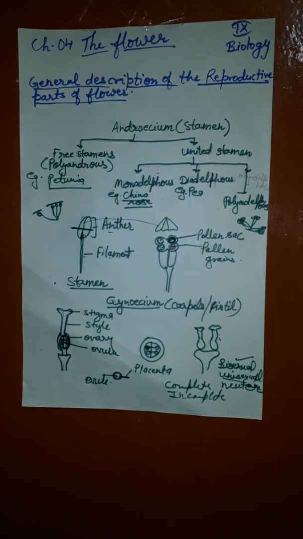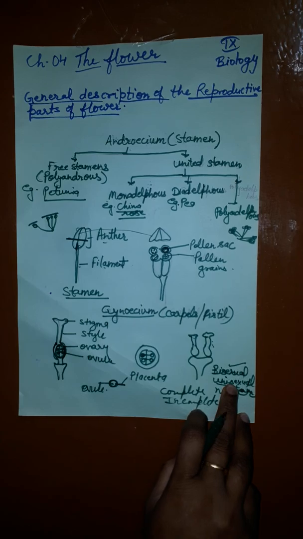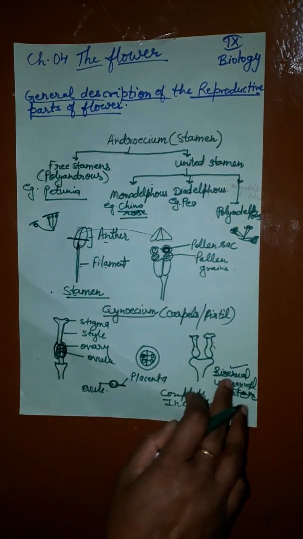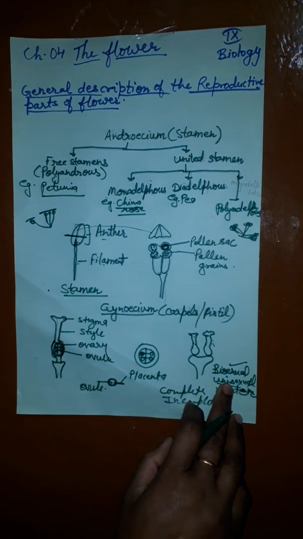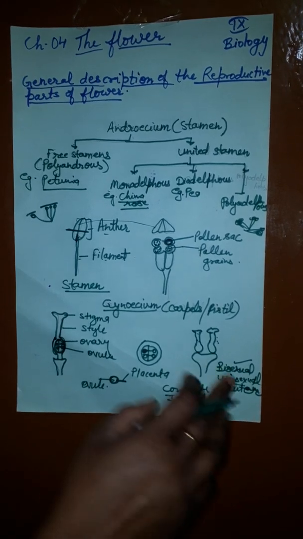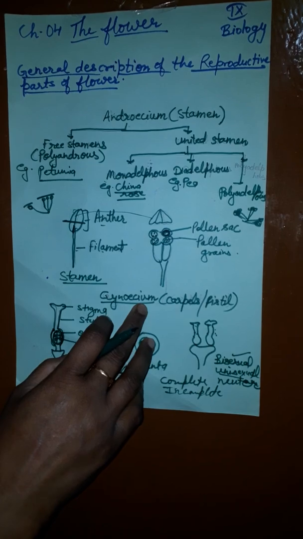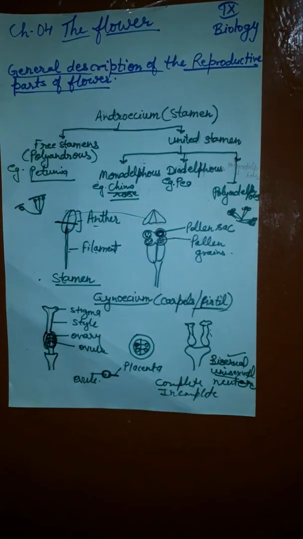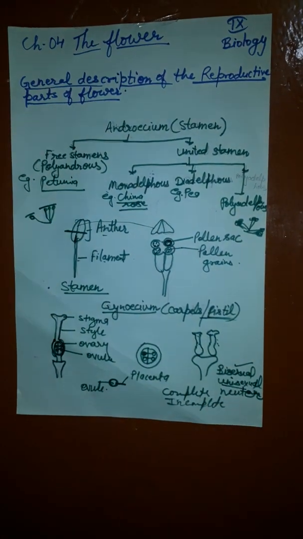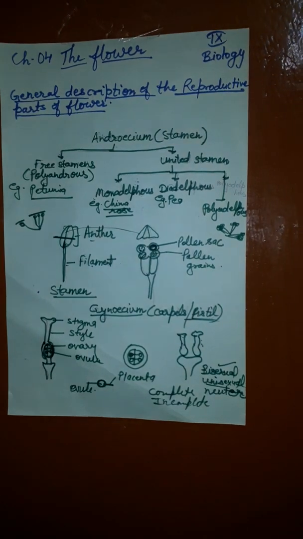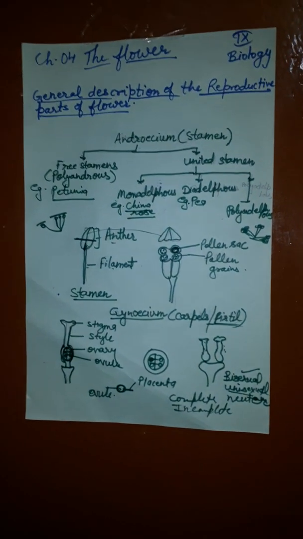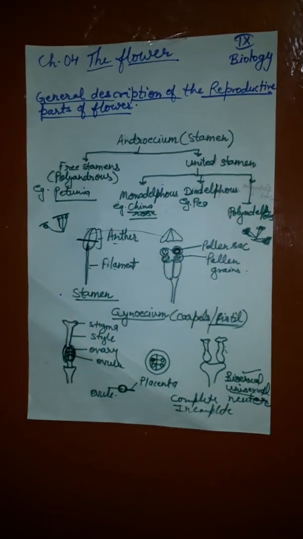Unisexual is again of two types, staminate and pistillate. Neuter flowers are those where stamen and pistil are not present.